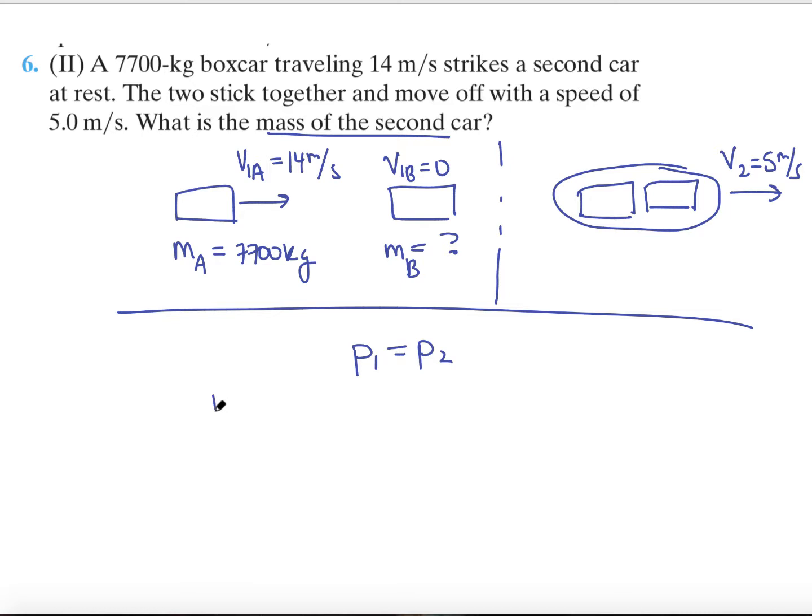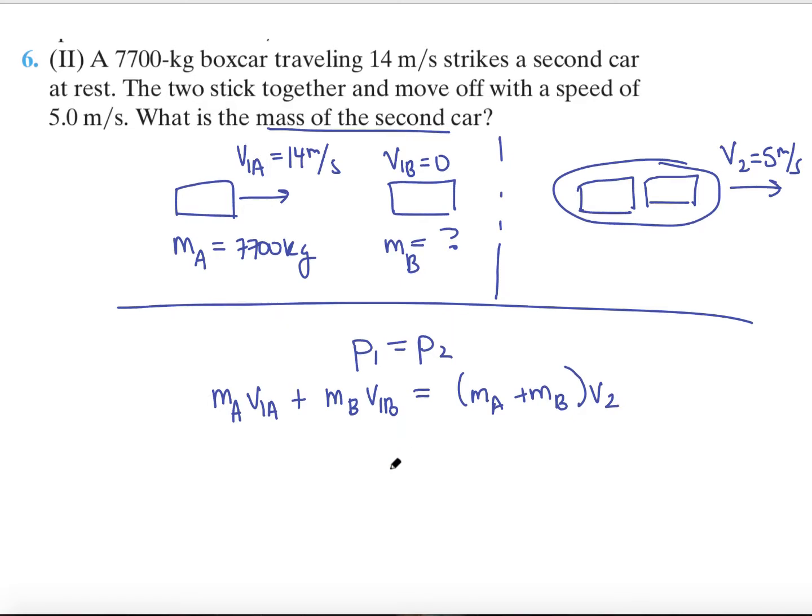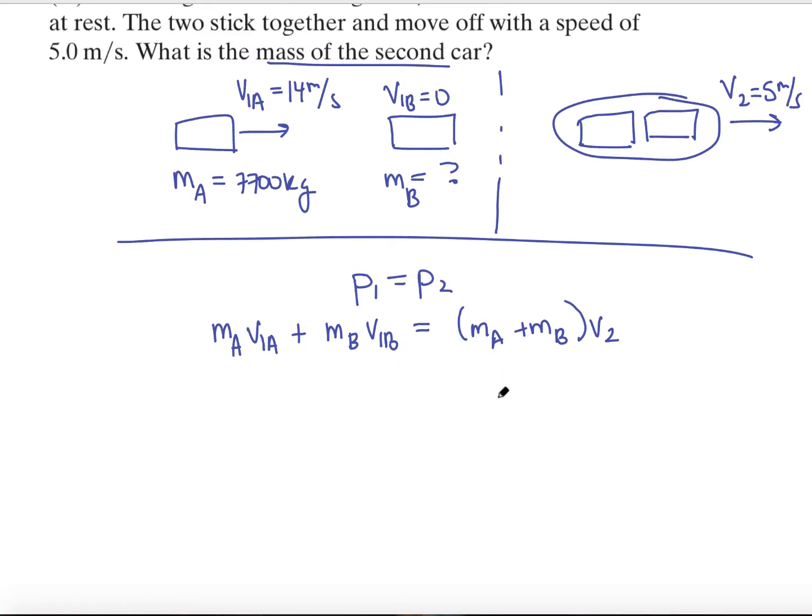And let's set this up. Mass A times its initial velocity plus mass B times its initial velocity, which is 0, we'll get rid of it later, is equal to mass A plus mass B moving together at their common final velocity, V2. So I'm solving for mass B here, and I'm actually going to go ahead and solve this one without solving it symbolically first.